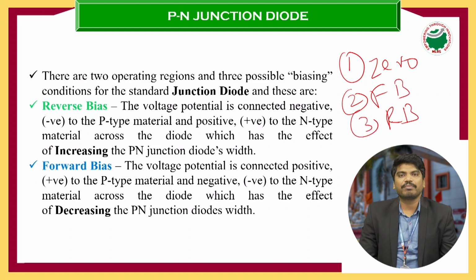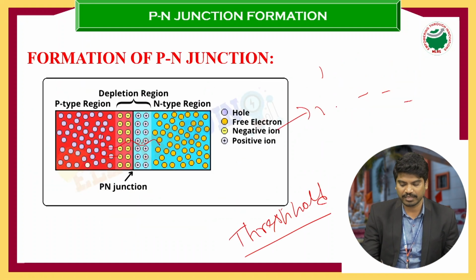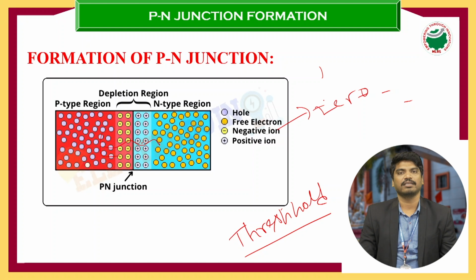Zero bias means we are not applying any external voltage to this device, which is nothing but the PN junction. Without giving any external energy, the diffusion takes place and the PN junction forms. That is zero bias. That means this image represents the zero bias of the PN junction.